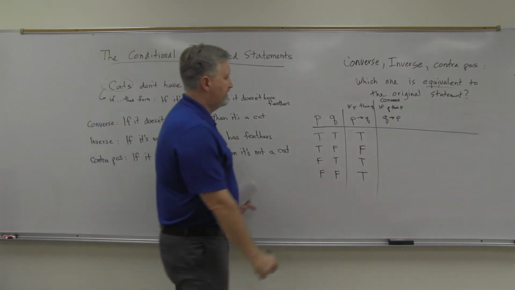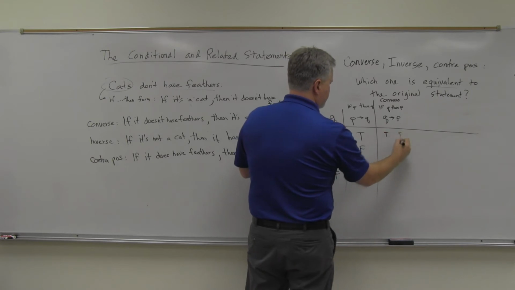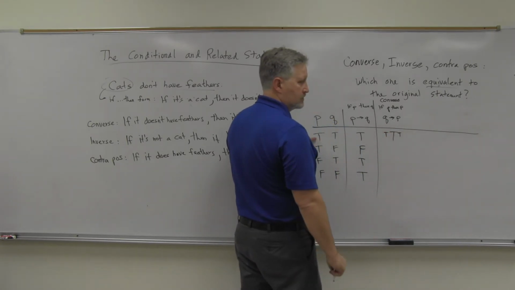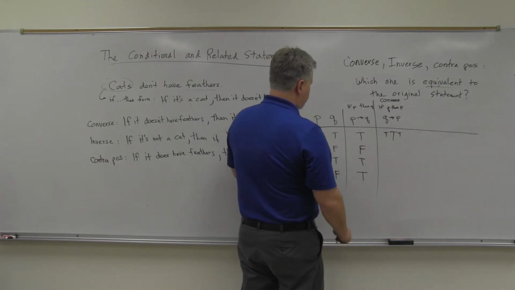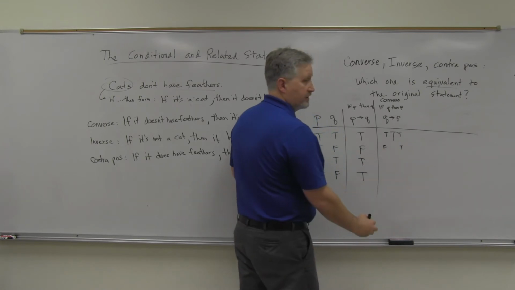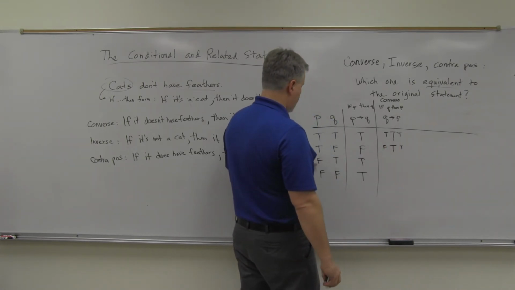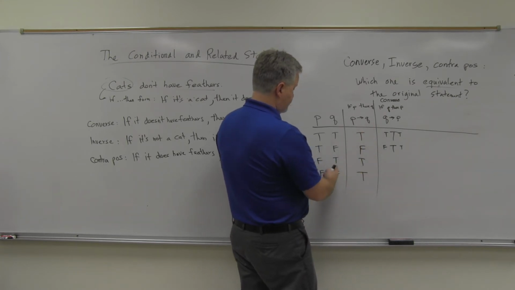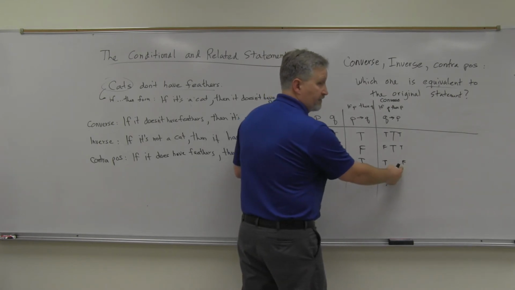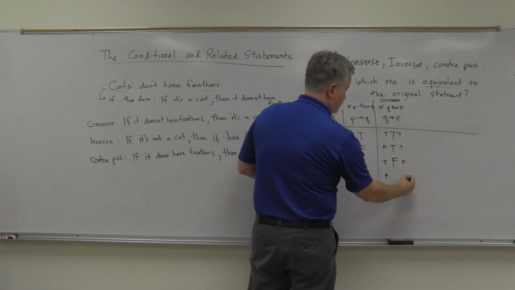Well, if I do Q arrow P, I should write those. So the first one, flip it, so it's true arrow true. That's true, right? The second one, Q arrow P, would be false arrow true. False here, true here, so that's true. The third one, flip it, so you got true arrow false. That's false. And then false arrow false, that is true.